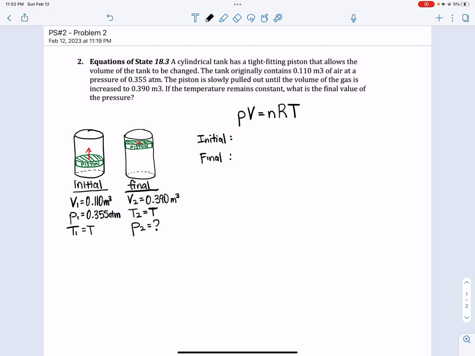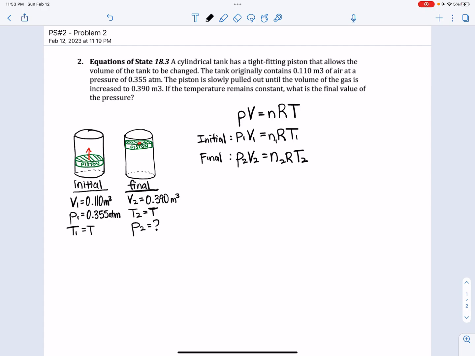Initially, I've got P1 V1 is equal to N1 R T1, right? And final, let's call it P2 V2 equals N2 R T2.